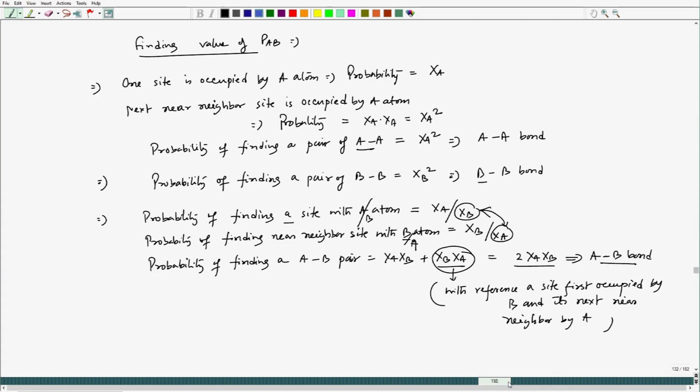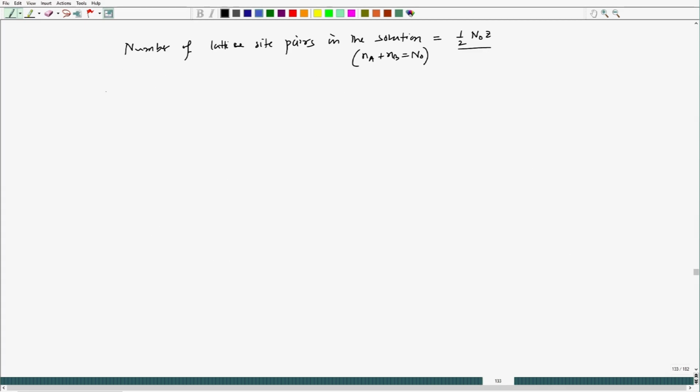Okay. So, now if I try to calculate the number of AB bonds, which is PAB, it should be equal to half Avogadro number Z into 2 XA XB.